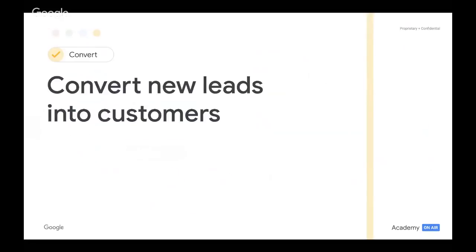So finally, we're going to look at how we can actually convert our new leads into customers. So this is moving a little bit away from Google Ads and more around user experience, as well as how we can actually filter out spam or fraudulent leads. So how do we actually increase the conversion rate and get more qualified leads? So there's three things that we need to remember. You can refine your overall user experience to drive interested consumers to convert.